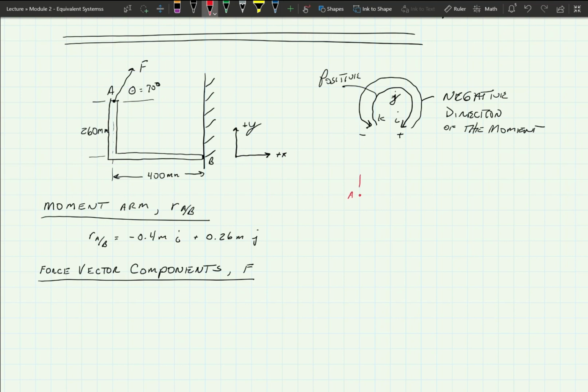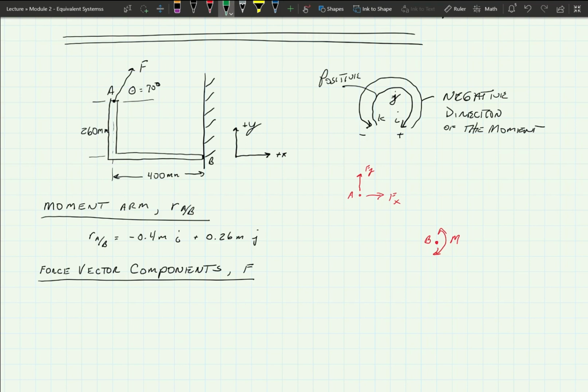We're going to have a vector here of Fy and a component of Fx there. And our B is way over here. And when we get done with B, we're going to have a moment that's doing something like this, or that way. We don't really know exactly until we get a solution, okay? But that'll be our moment about B. Okay, that's point A. Now, each of those is going to drag this thing around one way or the other. So it's kind of what we're looking at.